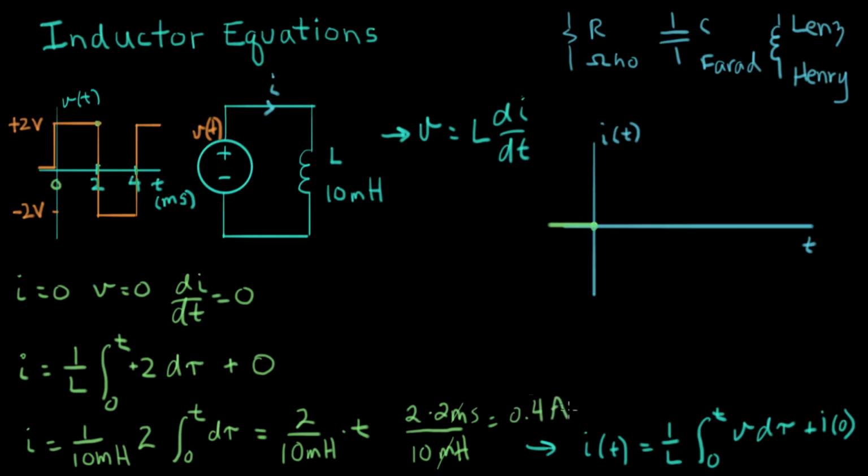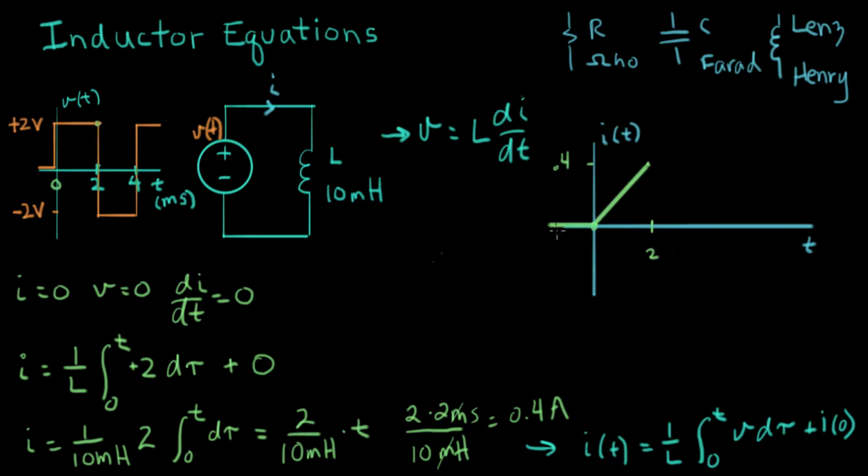Amperes. So at 2 milliseconds, the value of the current is 0.4 amperes, and I can draw a straight line between there. So now we have the value of the current during this first excursion, this first part of the voltage waveform.